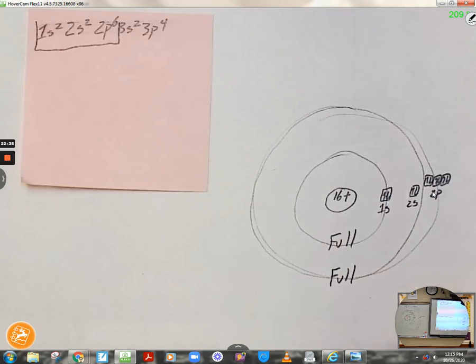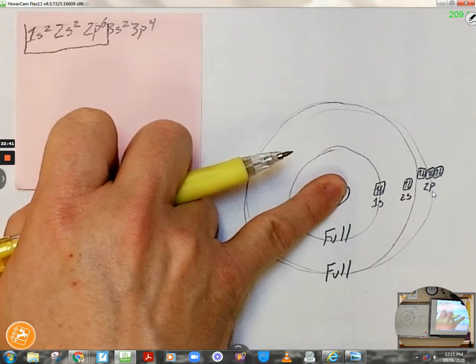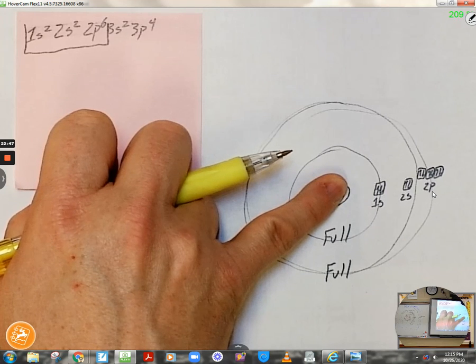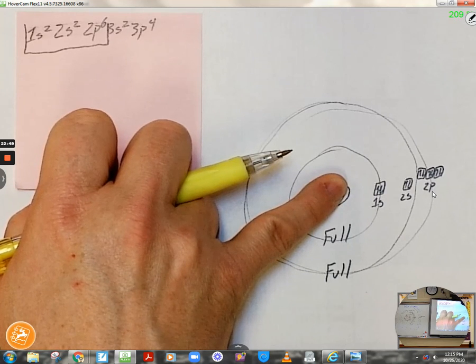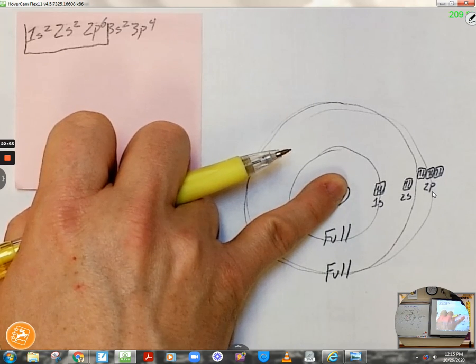So at this point, if I stopped right there, if I ignored the 16 electrons in the middle and just looked at the electrons that are there, what element would I be looking at? I'd be looking at neon. Neon has 10 electrons. It's got a full set in its first energy level and a full set in its second energy level, right?